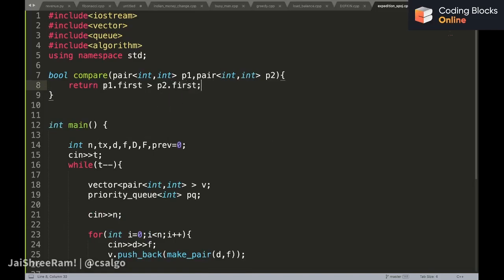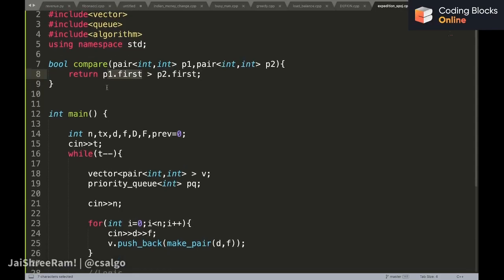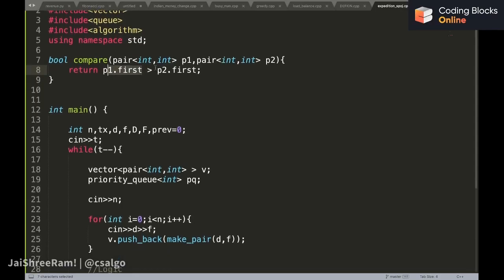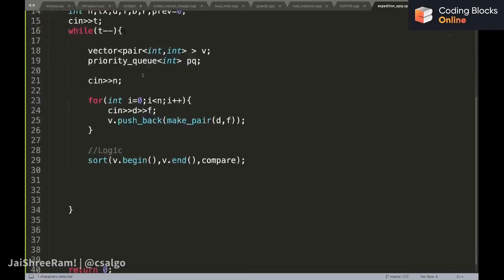So I'm comparing two fuel stations based upon their distance from the town. The one with the smaller distance from the town will be the bigger one, because that is away from the city, so that's why I'm using greater than.